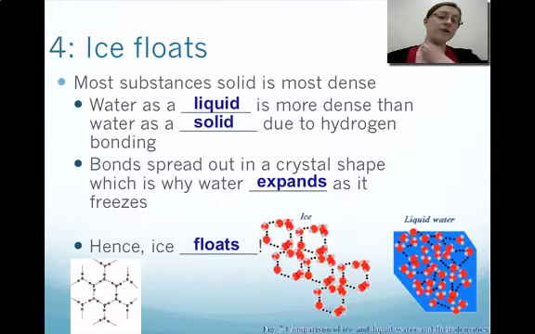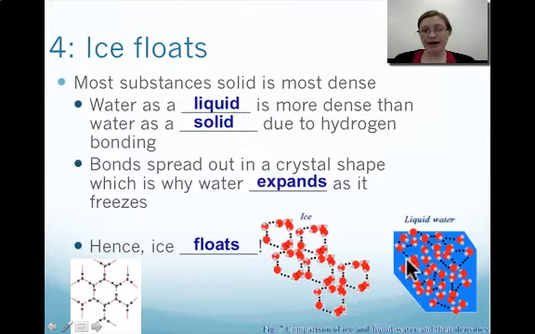And the last property of water we want to talk about here is the fact that ice can float. So we want to talk about states of matter. You've learned in your previous classes about solid, liquid, and gas phases. Okay, and for most substances, the solid phase is most dense. Okay, but with water, it's a unique property here. Water is more dense as a liquid than it is as a solid, and that's because of the hydrogen bonds.